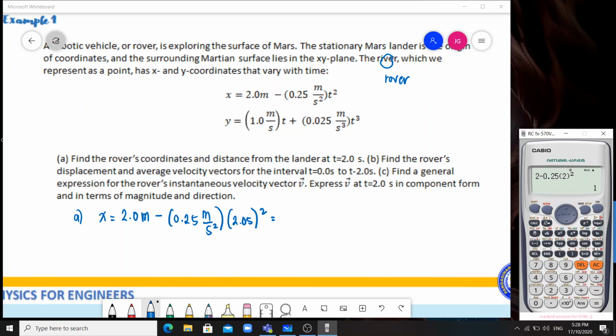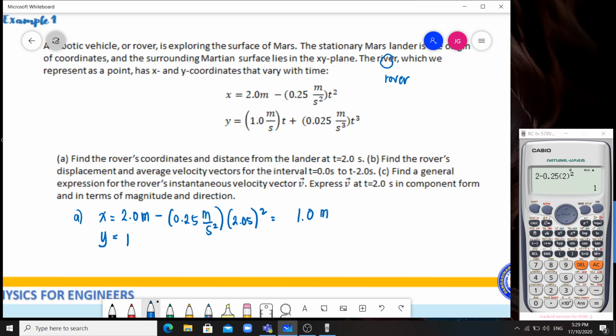That is 1. Now let us check the significant figures. We have two significant figures, so two significant figures and one decimal point. So we just have to put it like 1.0 meter. So that is the x coordinate of the rover.